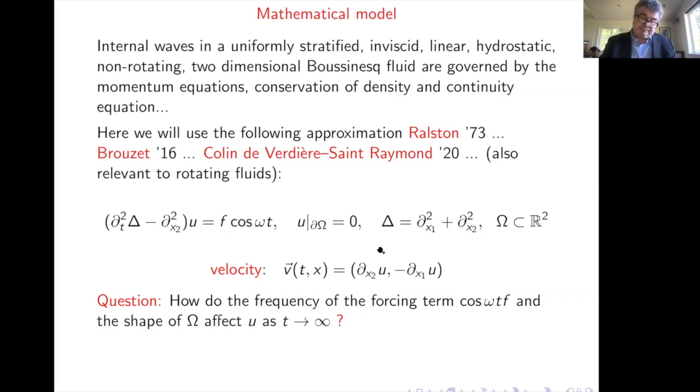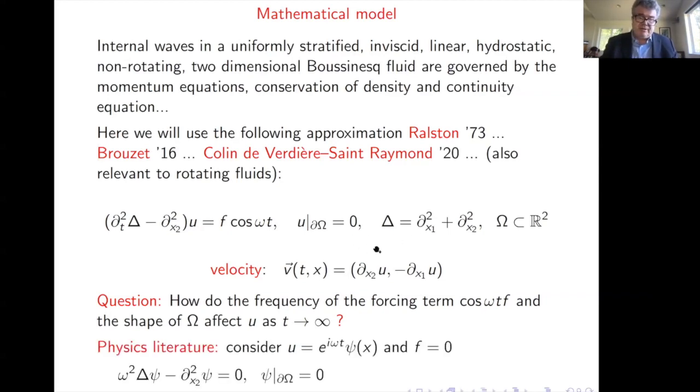So this is the equation. And in the physics literature, it's actually posed as a spectral problem. And I will explain why this actually makes sense. Namely, you consider the eigenequation, if you like, for this problem. And this will become more clear in a moment.